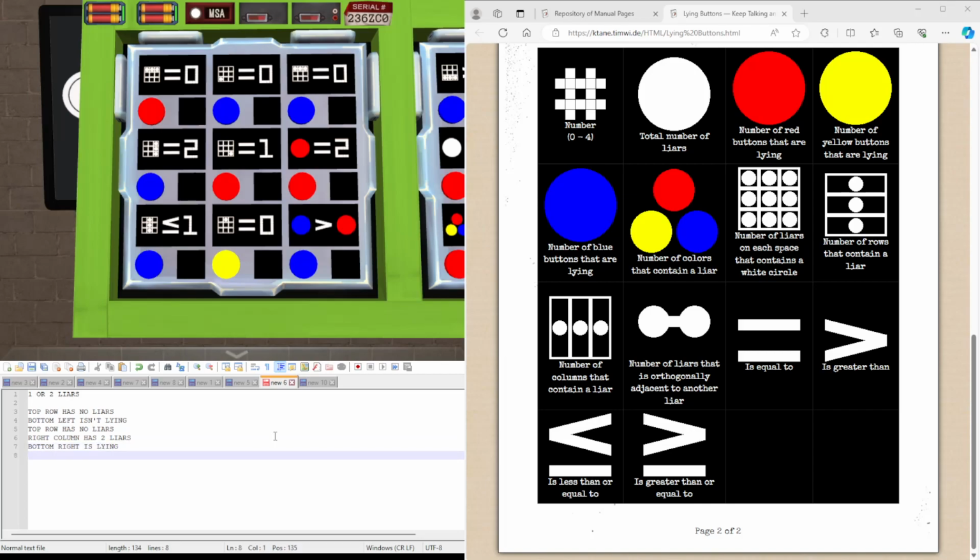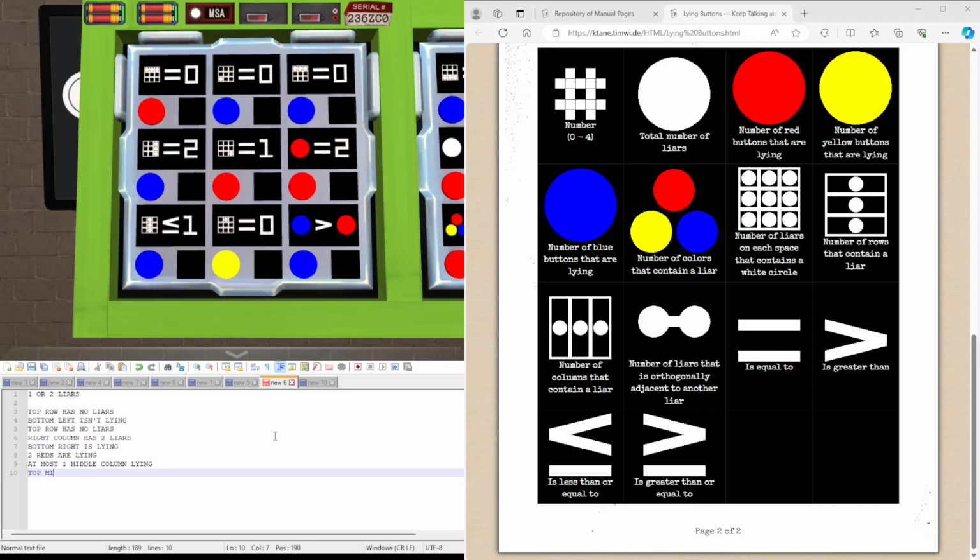That's probably a good starting point, just to see. The sixth one is saying 2 reds are lying. At most, 1 in the middle column is lying. So none or 1 of them.